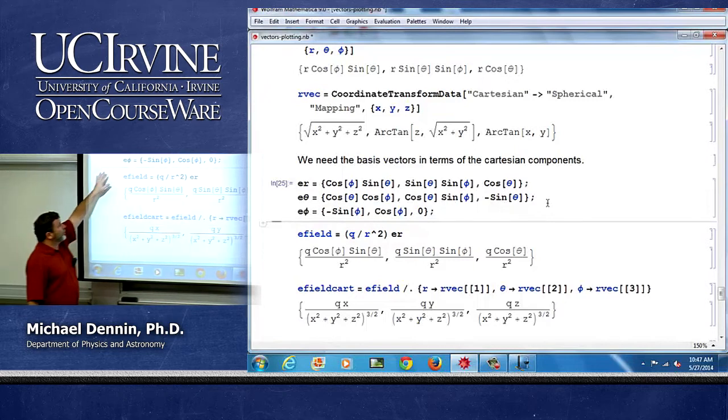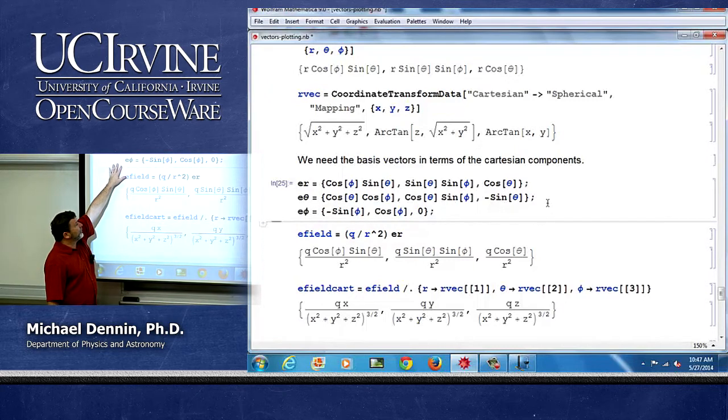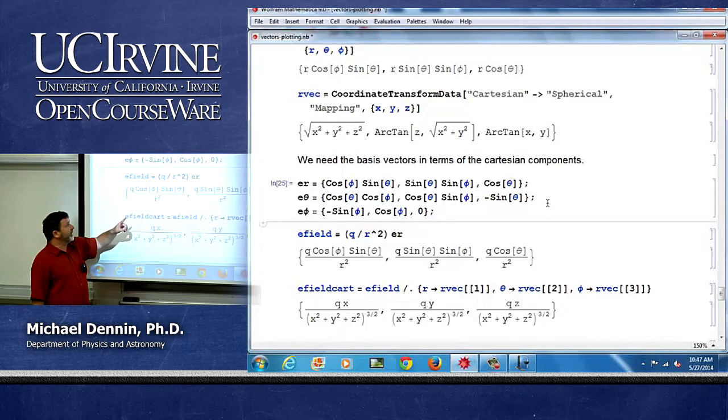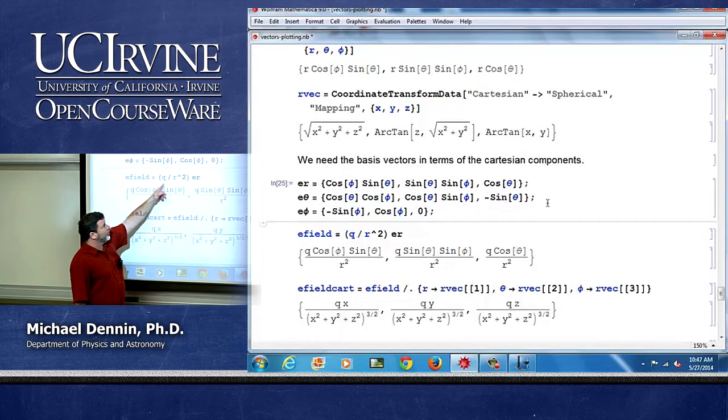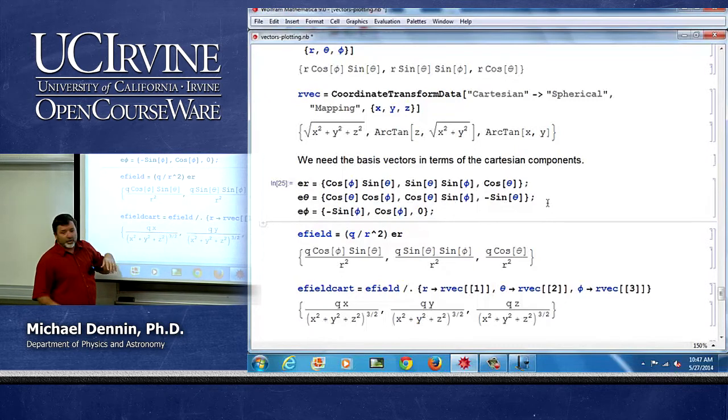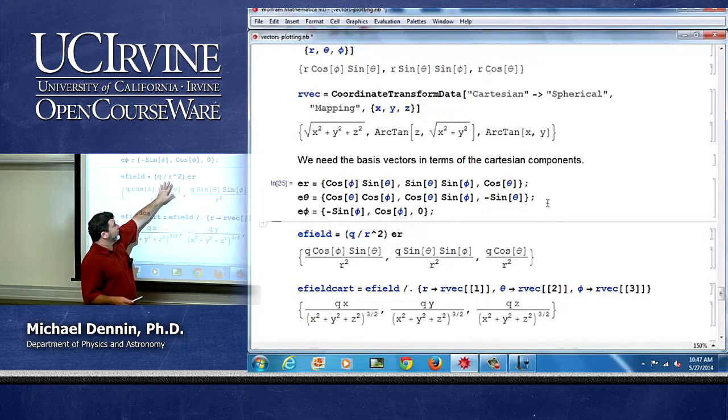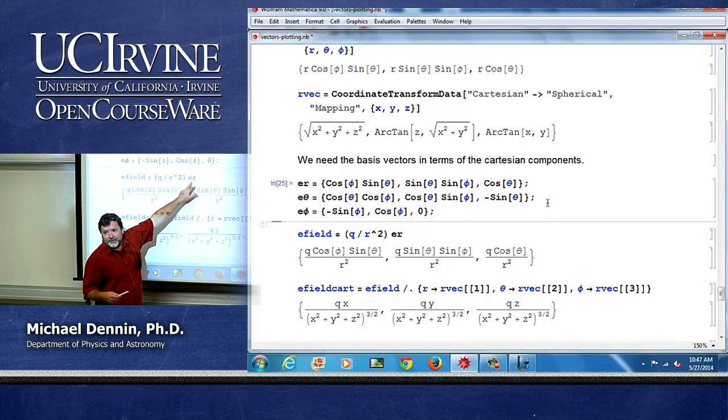But what we really want is these as a function of x, y, z. So we're going to get there. Our vector field, q over r squared, in Cartesian components then, all we've got to do is write this vector that's telling us the Cartesian components.